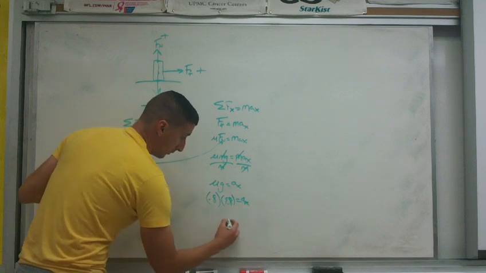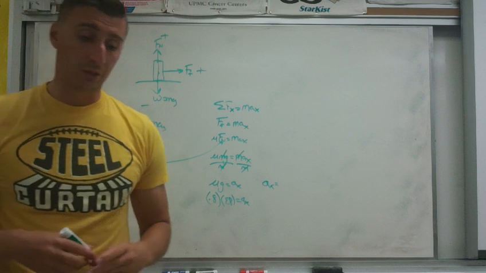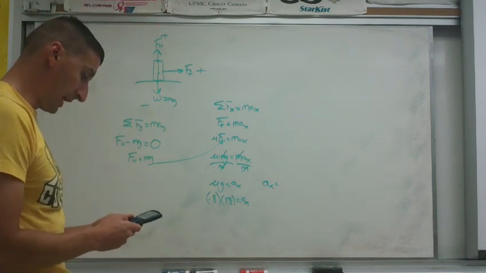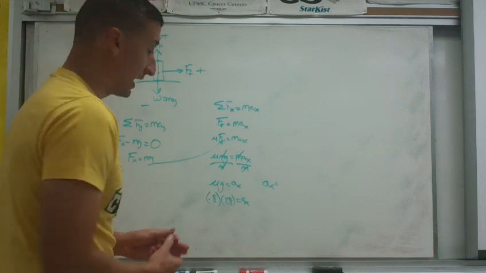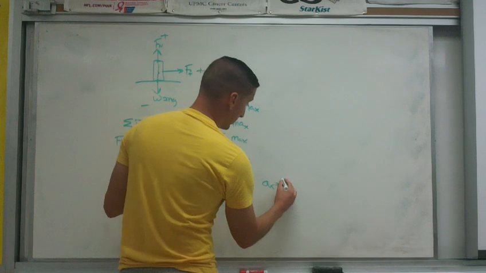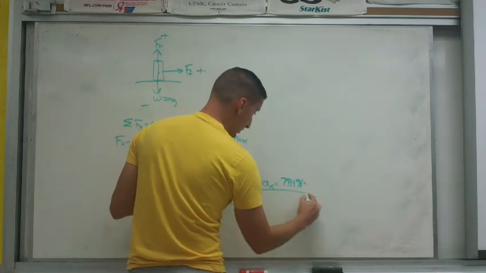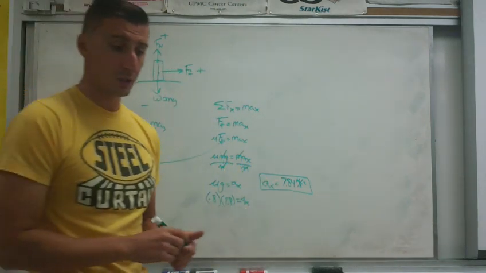Multiply. You get the maximum acceleration that those tires can undergo. 0.8 times 9.8, 7.84 meters per second squared. All right, 7.84 meters per second squared.